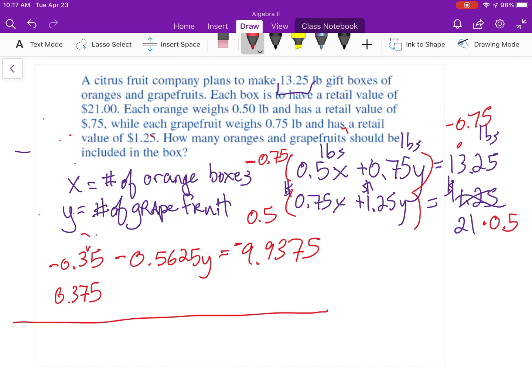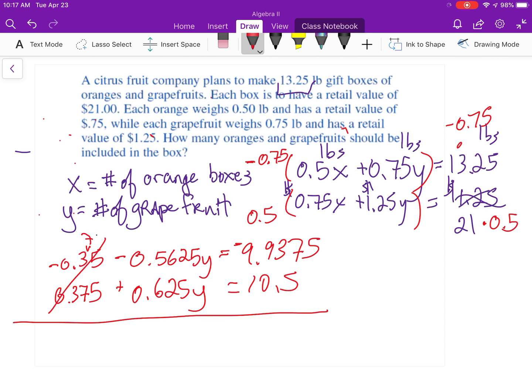And I missed a number in there. There should be a 7 in there. Okay, and then plus 1.25 times 0.5, 0.625y equals 21 times 0.5. So I'm just going through and I'm multiplying those out.